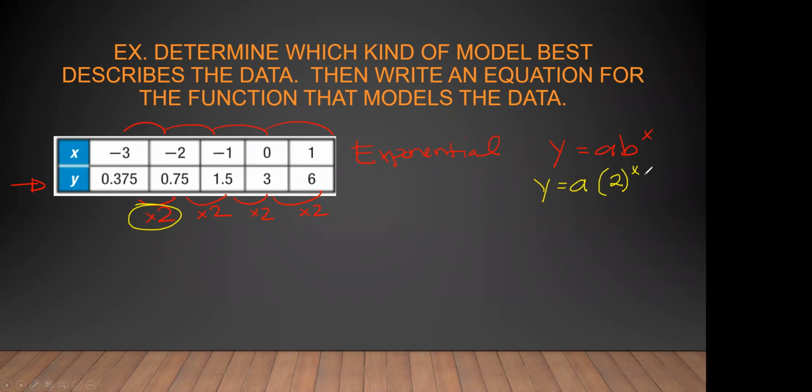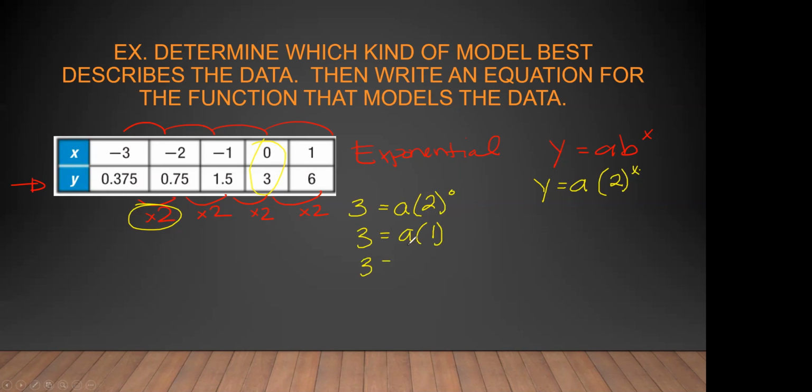If I plug in 0 for x, then I should get 3 as my y value. So if I have 3 equals a times 2 to the power of 0, I should get 3. The reason I picked 0 is because I know 2 to the power of 0 is equal to 1, right?